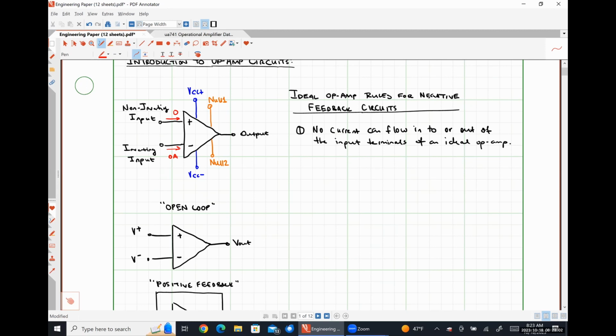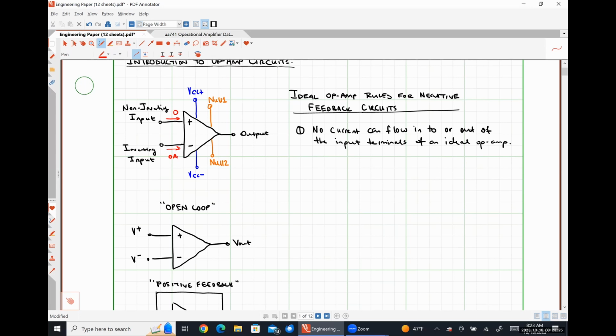We bias these op amps using resistors in the kilo ohm region, such that the internal resistance of the op amp is much, much greater than the resistance of the network we're connecting to it, so that we can ensure almost no current flows into the input terminals, making this rule effectively true.